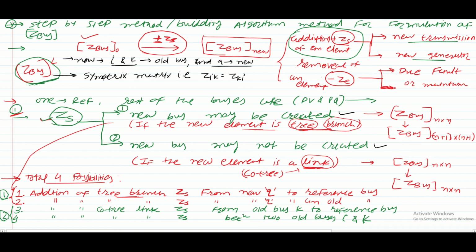Clear? So the Z-bus matrix is a symmetric matrix. I hope you have cleared up to this. In the next lecture, we will see all four types of modification with mathematical proof. Okay? I hope you have cleared up to this.